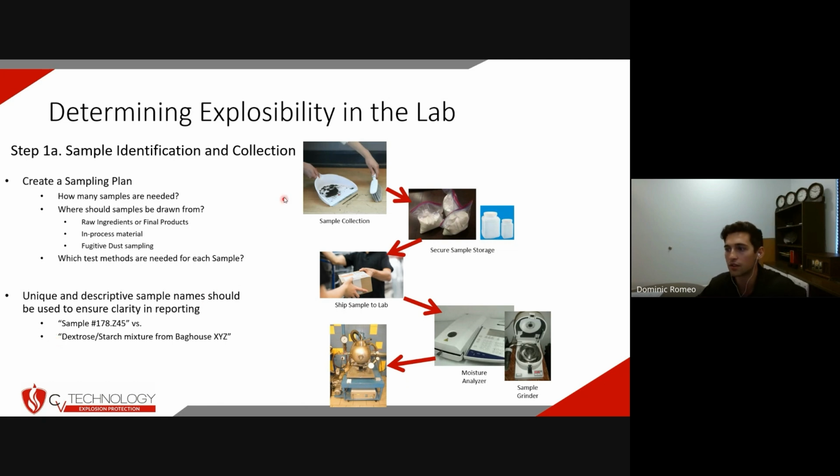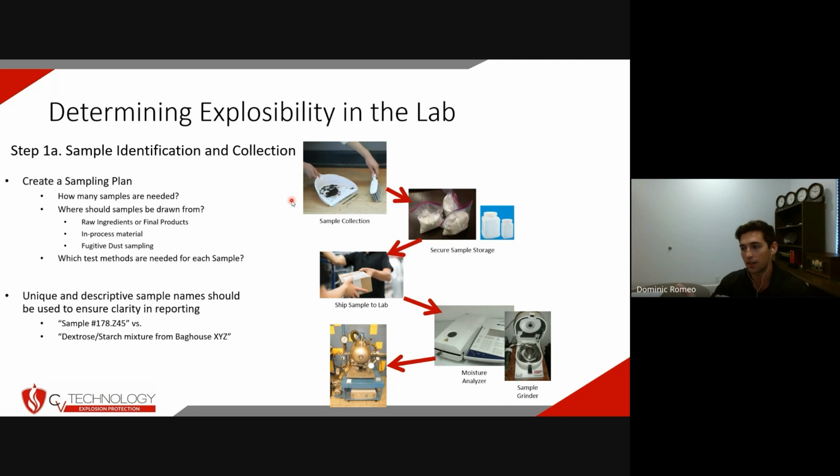And right here's a little flow chart. So the first thing is sample collection. How are you going to do that? Are you pulling it from a dust collector? Are you pulling it from the ground? It all depends on where you are adding explosion protection equipment and what you're trying to protect against. And then you always want to secure this in an airtight and watertight bag, because moisture content has a big effect on dust testing.